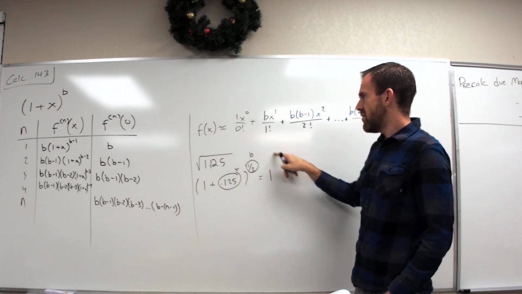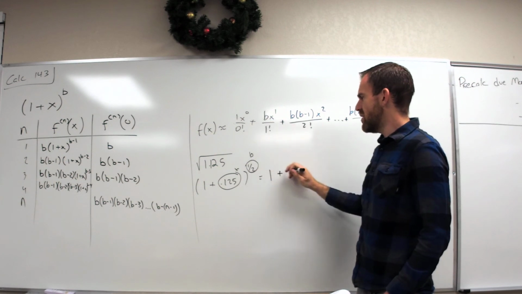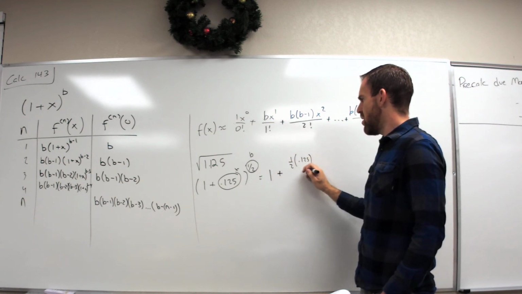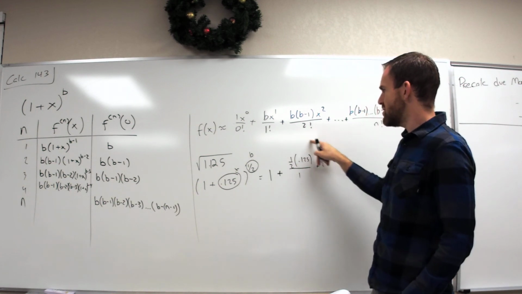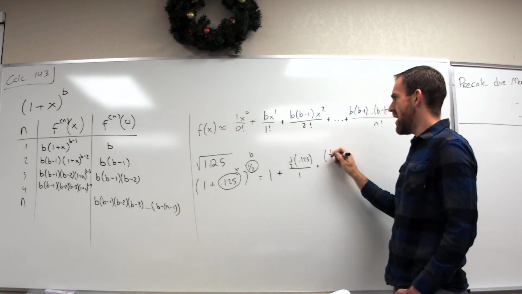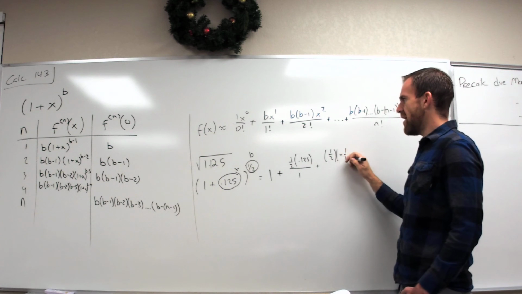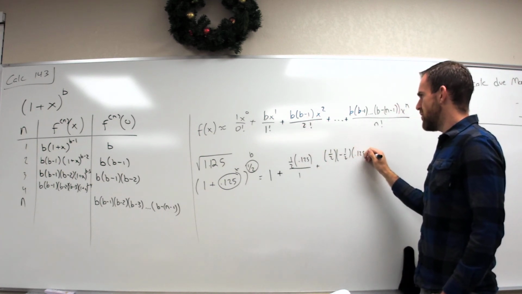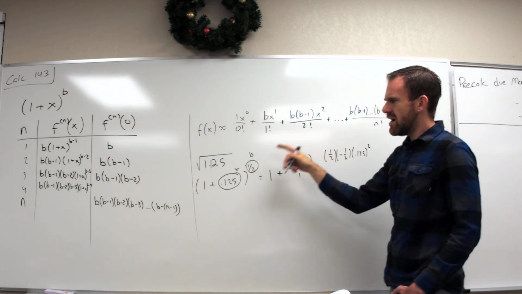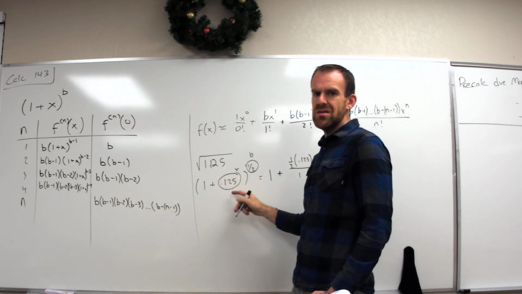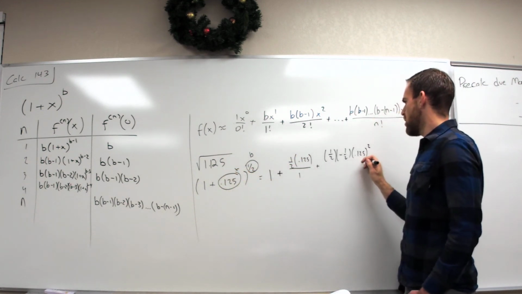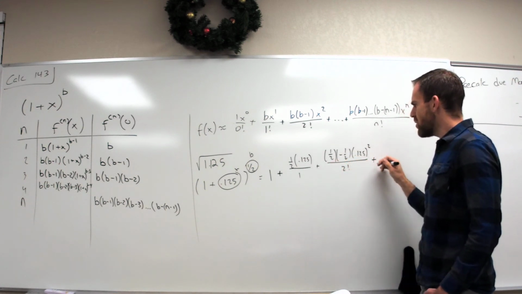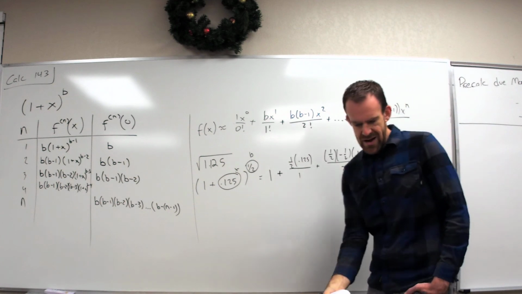Well, we have 1 plus b, which is 1/2, times x, which is 0.125, over 1, plus this term here, b is still 1/2, but now we have negative 1/2 because 1/2 minus 1 is negative 1/2, times 0.125 squared. Notice that x is not 1.125, it's just the 0.125. All over 2 factorial. And we're going to keep going until we find that term.